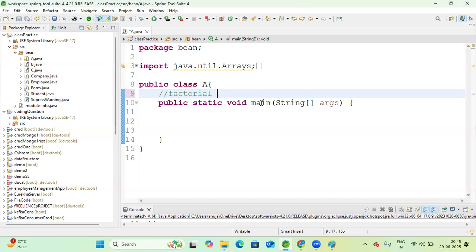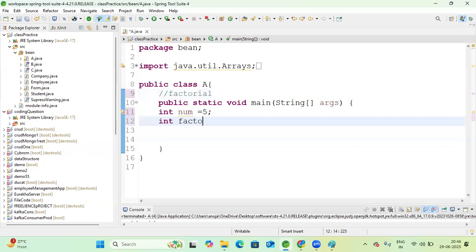Let's say you have a number, num equal to 5, and int factorial equal to 1.